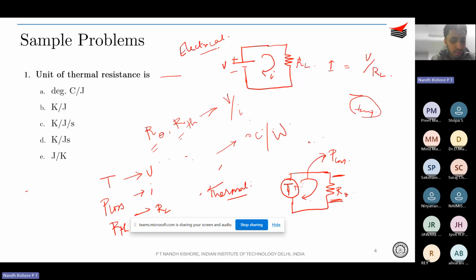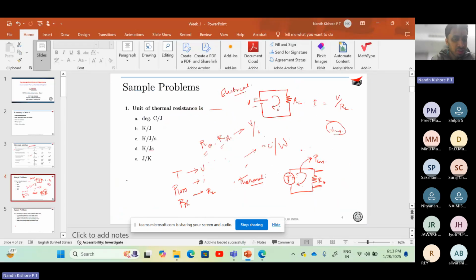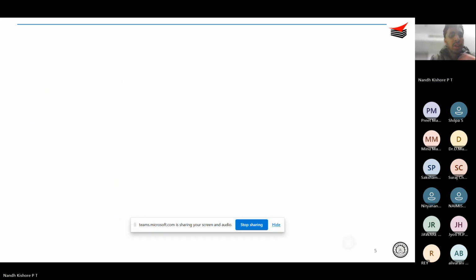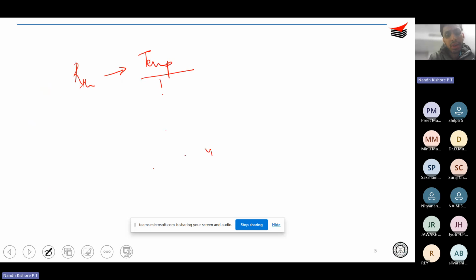Let me just add a new slide. Yeah, so the unit of R theta would be temperature divided by power loss, right? Temperature divided by the power loss. That is why I had written it as degree centigrade per watt. Okay, so this is the unit of R theta or the thermal resistance.